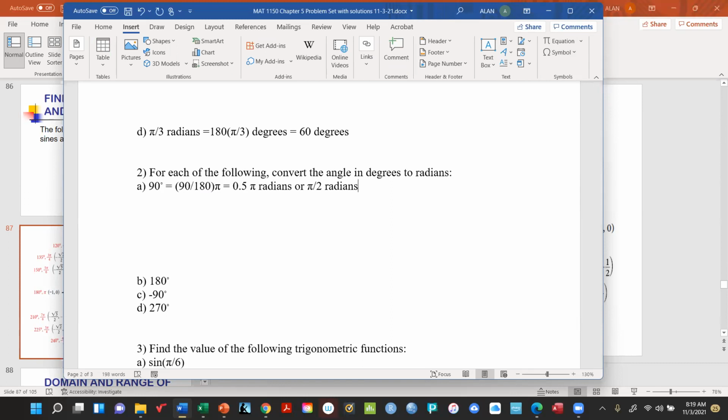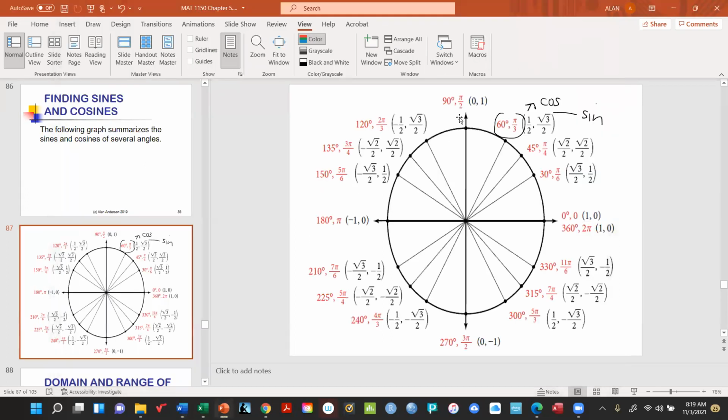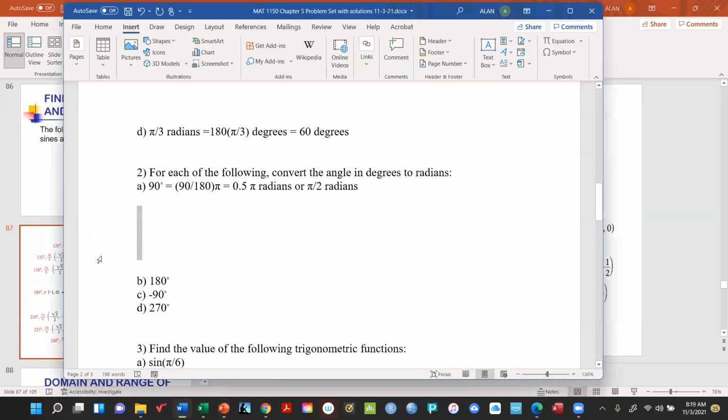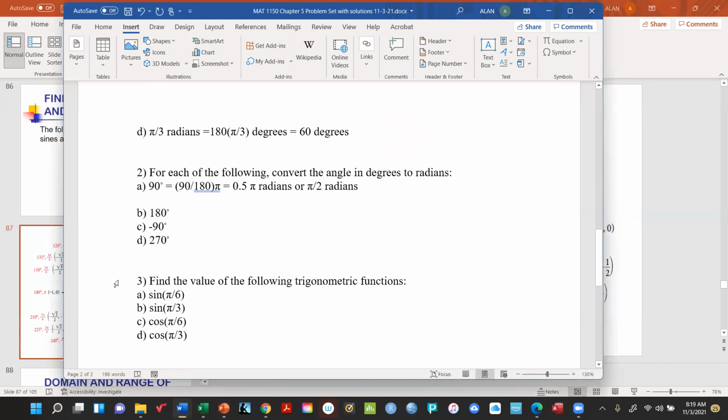All right, and you can confirm that with our unit circle diagram. Go back to 90. And yes, there it's right there. 90 and pi over 2 mean the same thing. All right. Well, now, what about 180?